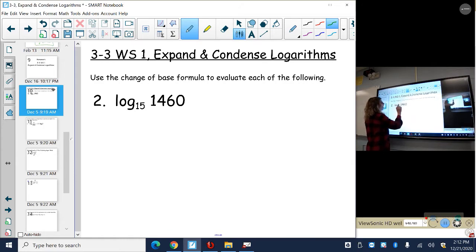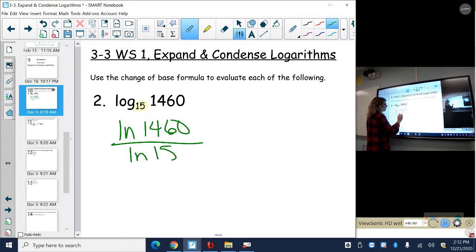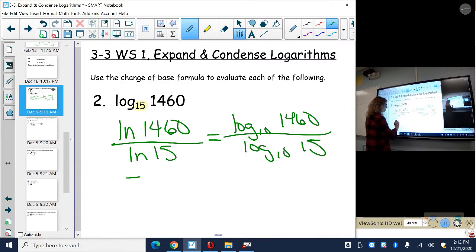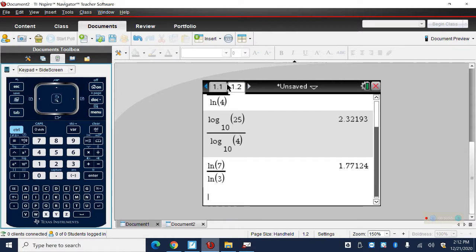So, I'm going to say, okay, well, this has a base of 15, so I'm going to use the natural log of 1,460 divided by the natural log of 15. If you wanted to use log base 10 of 1460 over log base 10 of 15, you would still get exactly the same thing. So let's go ahead and put that in there.